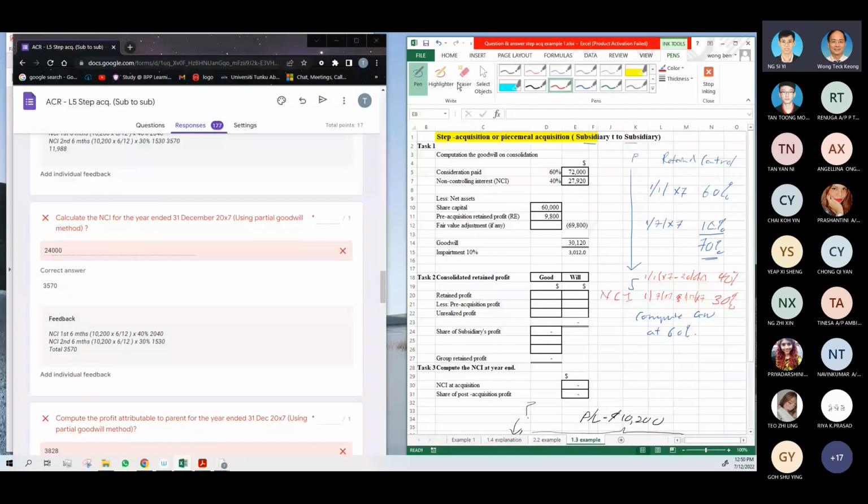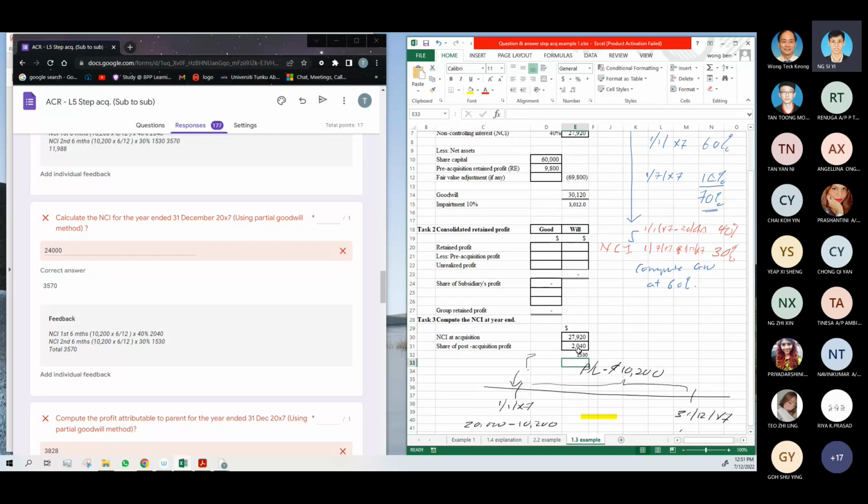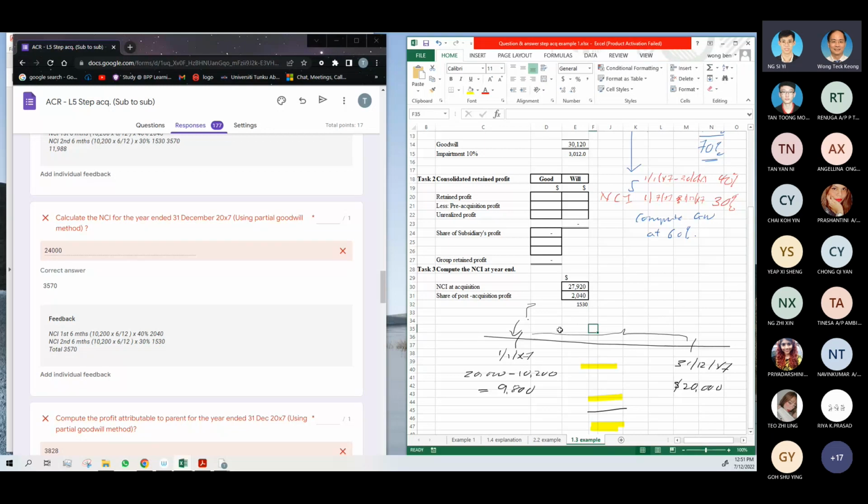You can use this method, which is proportion to the net assets. For NCI acquisition, the share of profit has two portions: first 6 months 2040, then the second portion. You just add them up.